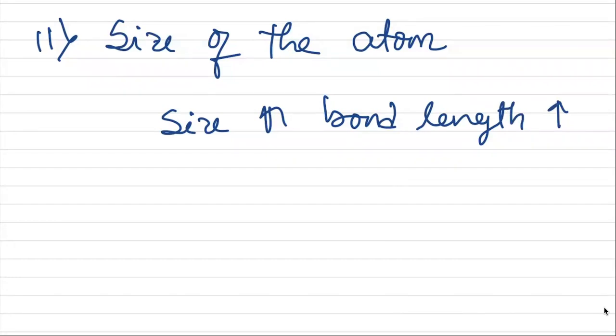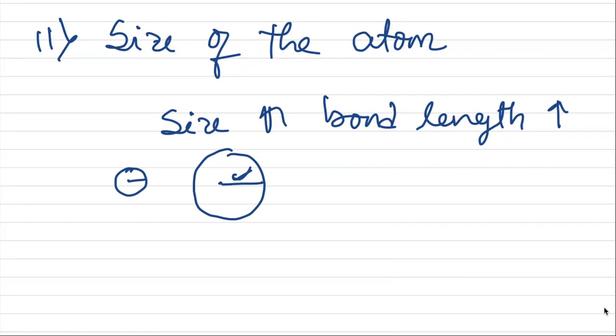If the size of the atom increases, the distance between the nucleus and the valence shell will become high. Suppose this is a molecule and this is an atom; there is the nucleus to valence distance here and there. Obviously, the bigger atom has the bigger distance, so the bond length will also be bigger.